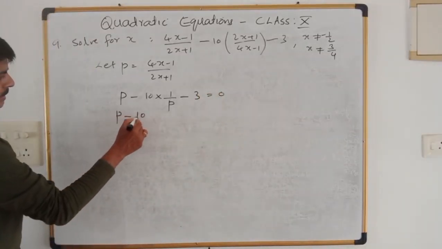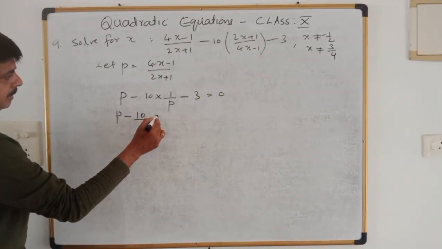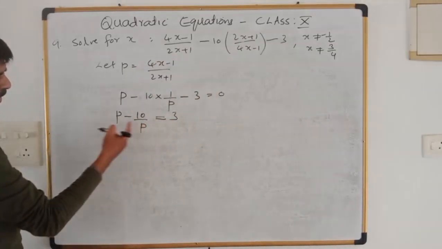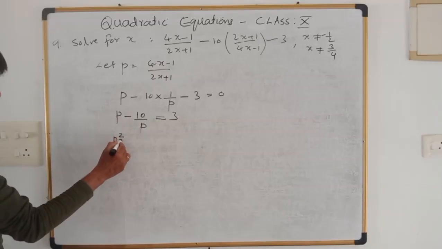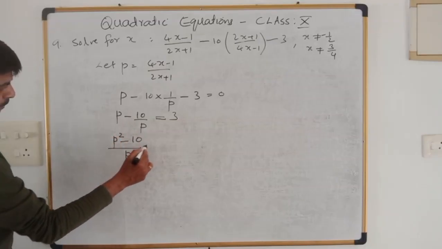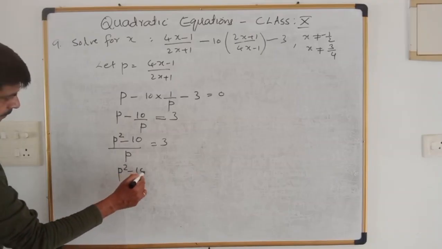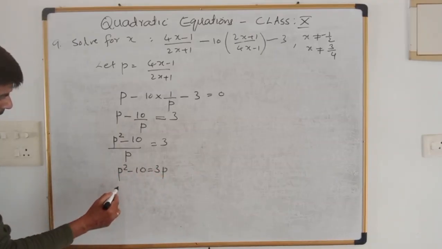So p minus 10 by p is equal to 3. We cross multiply: p square minus 10 is equal to 3p.